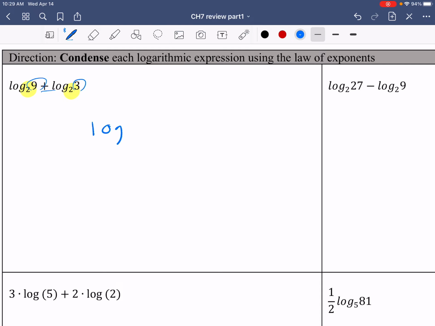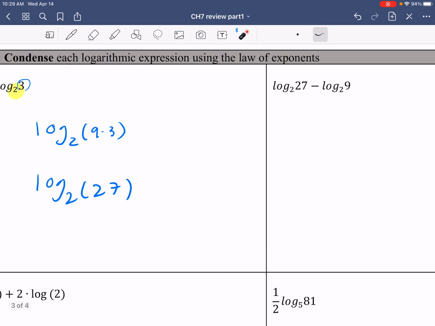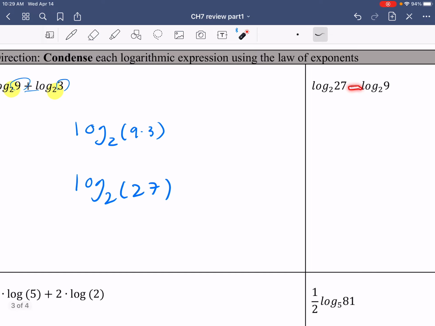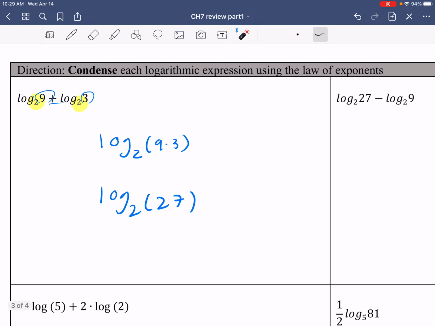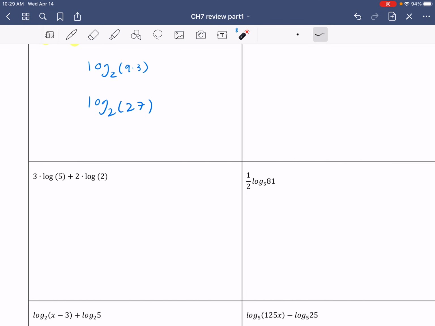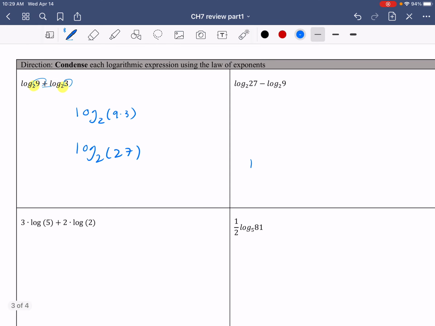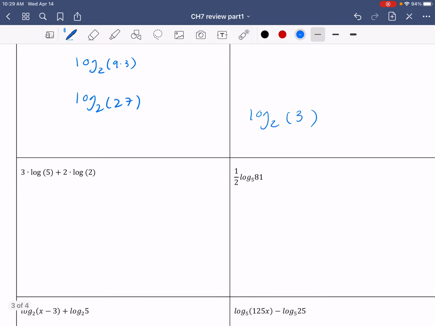So it's gonna be log base 2 of 9 times 3, which is 27, and that's it. Same thing here, just what you have to know is it's minus, unlike plus, which means you have to divide. So do it by yourself, check your answer, you should get 3, okay?